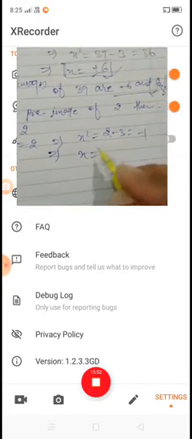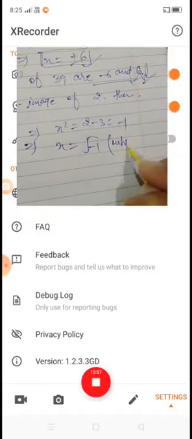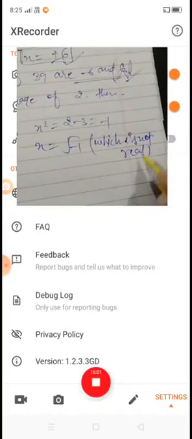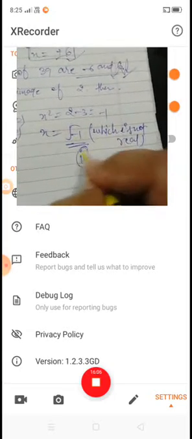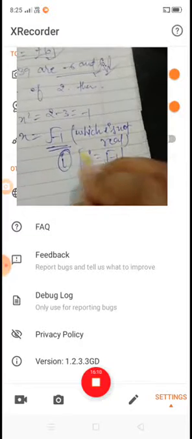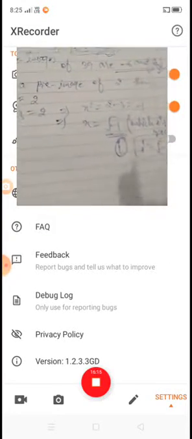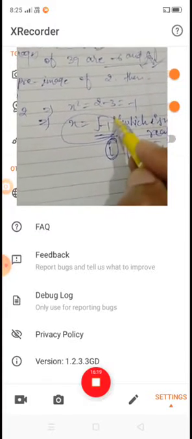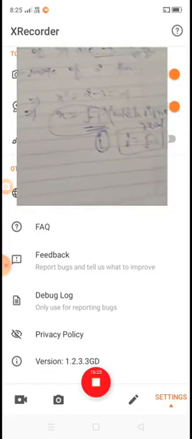So x is equal to under root minus 1, which is not real, that is an imaginary value, iota i. The value of imaginary i is under root minus 1. This is an imaginary value, not real. So we find that no real value of x satisfies the equation x square is equal to minus 1. Therefore 2 does not have any pre-image under f.